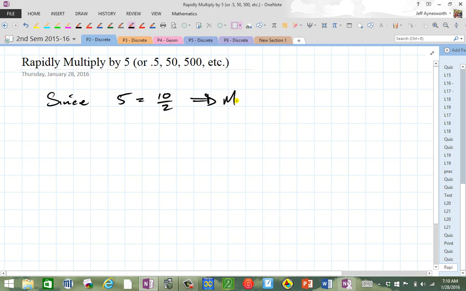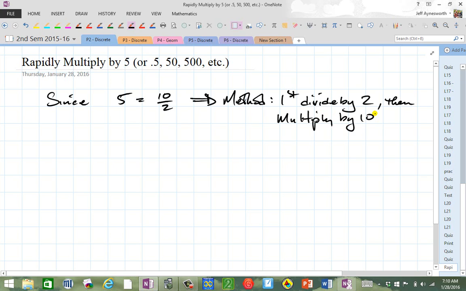All right, so here's your method. Let's put that down first. We're going to first divide by 2, to make the number smaller, then we're going to multiply by 10, which is easy. Basically, just attach a 0 to it.